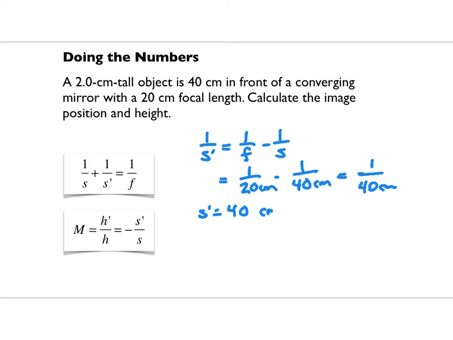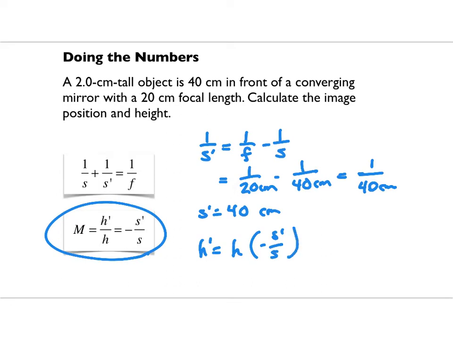Oh, heavens to Betsy, that tells me the image is approximately where the object is, because the image is on the same side of the mirror as the object because there's a mirror reflection. If I calculate the image height, I'm going to use this relationship right here. h prime is equal to h times negative s prime over s.